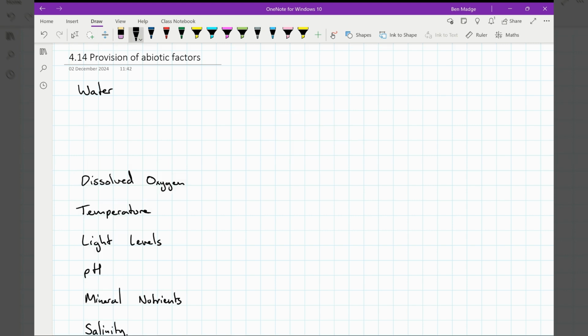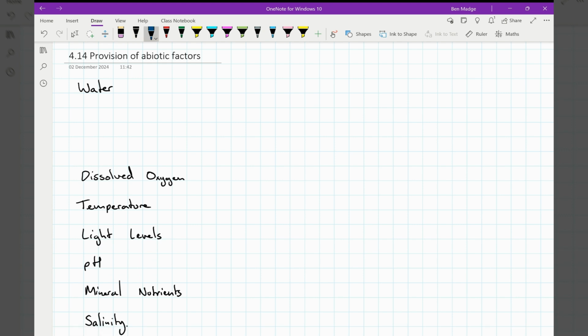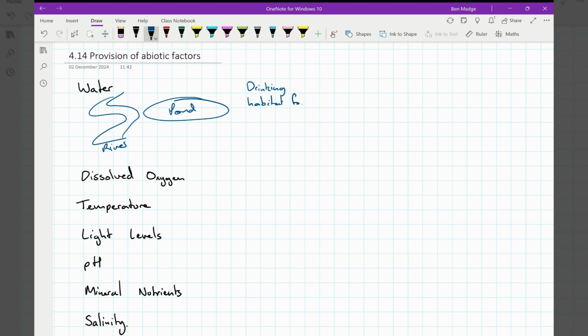And water is things like standing or running water, like a pond or something like that. And this provides drinking water or a habitat for aquatic species.